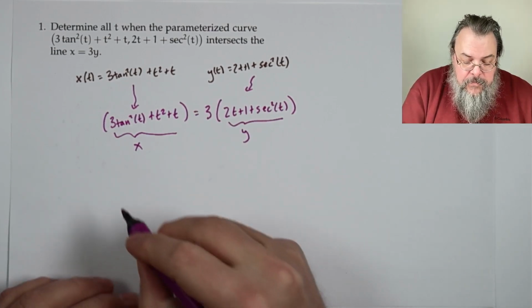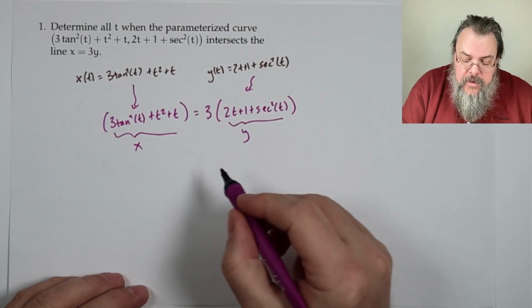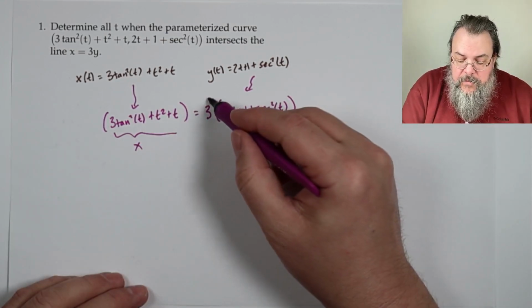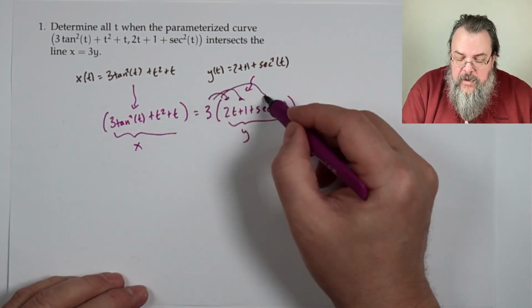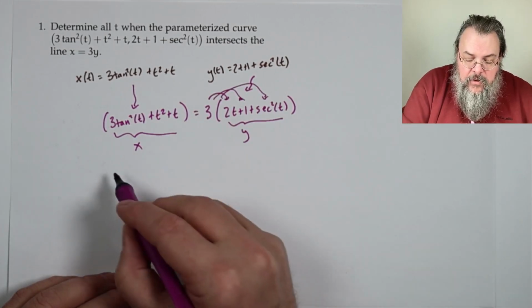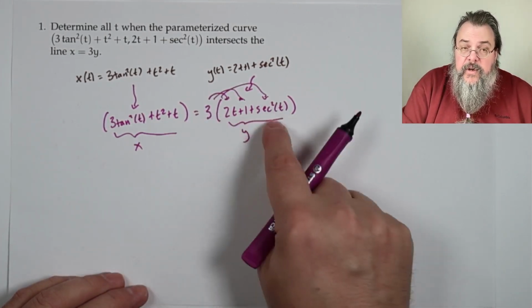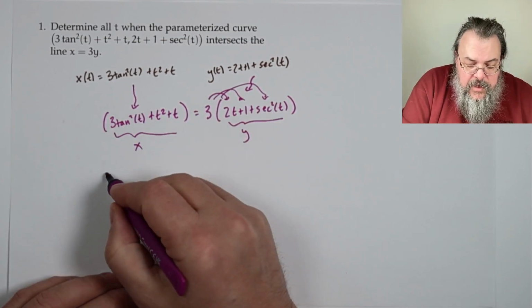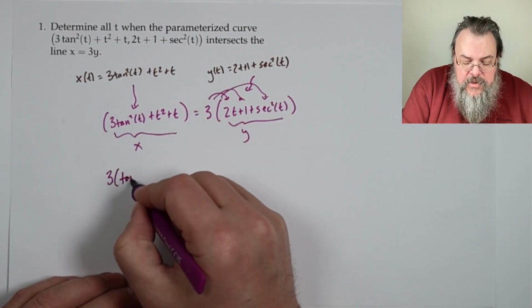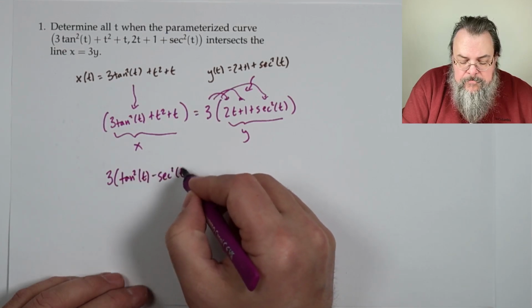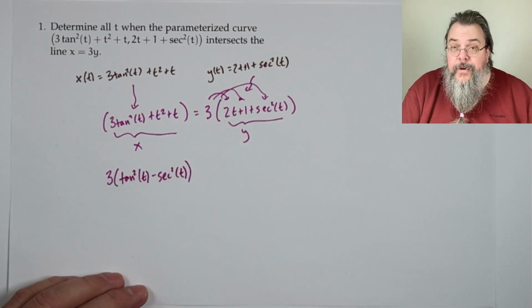Well, what can we do? Let's distribute and then move things across. So we'll distribute, and then at the same time we'll move. So we have a 3 tangent squared t, and we also have a 3 secant squared t that's going to move across. So let's go ahead and put this as 3 tangent squared of t minus secant squared of t. We'll see if we can do anything with that.